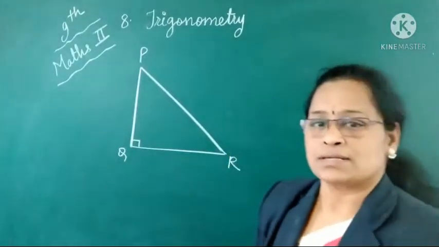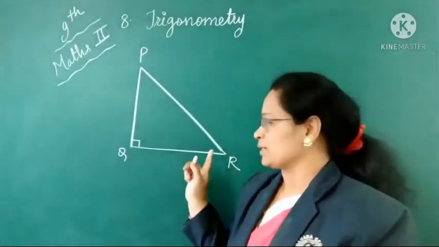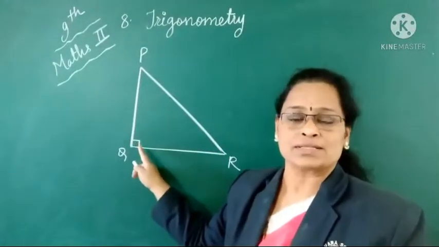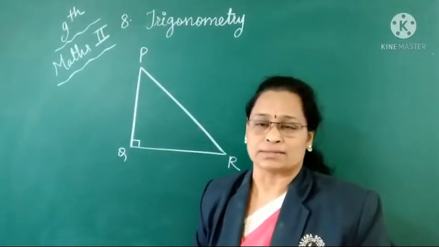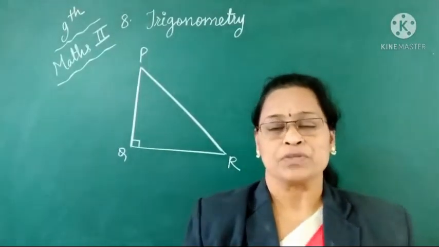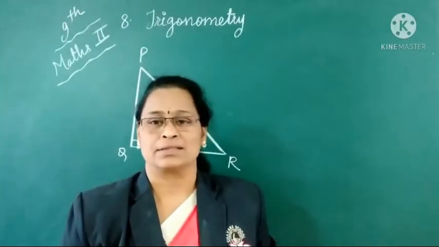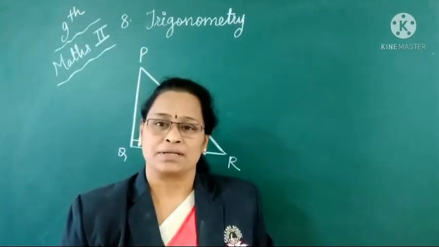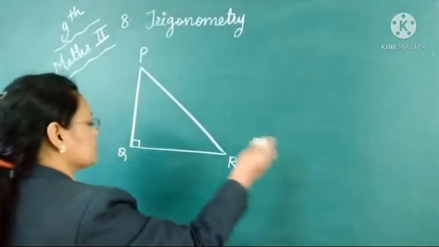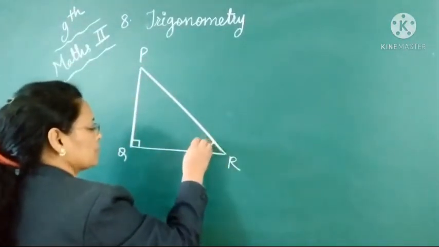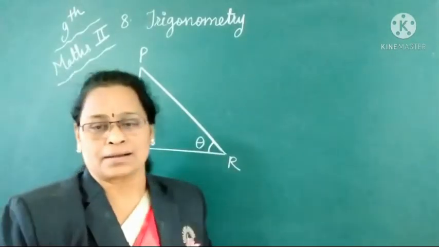Now this is a right angle triangle PQR. In this angle Q is 90 degree. And the other two angles are acute angles. In trigonometry, you will see that acute angles are named with the Greek letters like theta, alpha, beta, gamma, etc. So here usually in trigonometry, we consider the acute angle represented by theta.